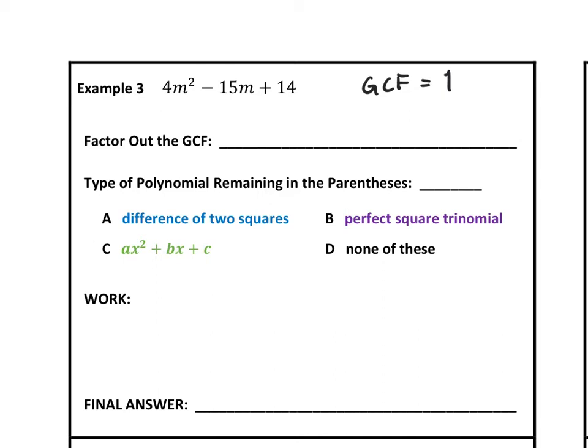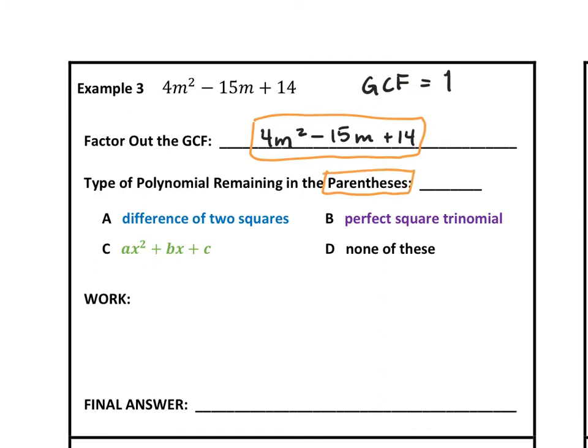So we could say there's really no GCF. So I'm just going to copy the original problem. And so this is what I'm wondering about, right?